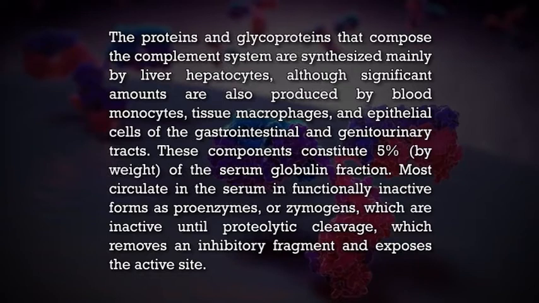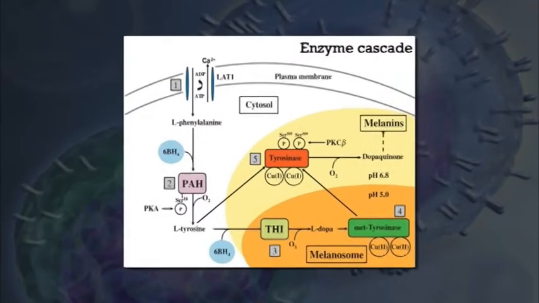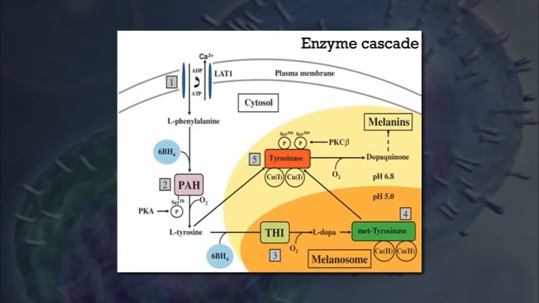These components constitute 5% by weight of the serum globulin fraction. Most circulate in the serum in functionally inactive forms as proenzymes or zymogens, which are inactive until proteolytic cleavage, which removes an inhibitory fragment and exposes the active site. The complement reaction sequence starts with an enzyme cascade.